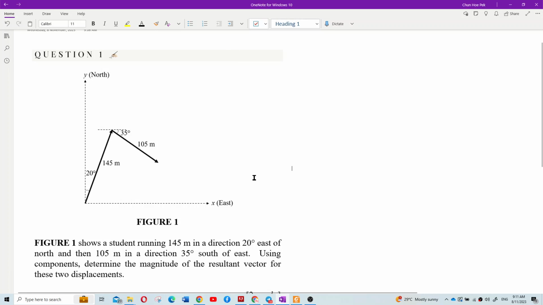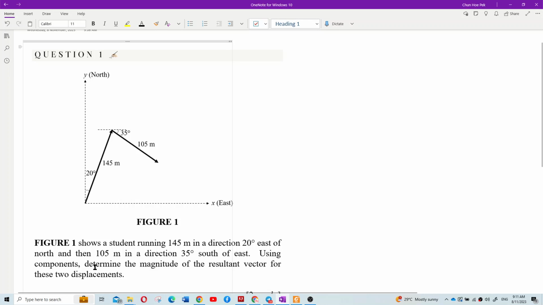Question one. Figure 1 shows a student running 145 meters in a direction 20 degrees east of north, and then 105 meters in a direction 35 degrees south of east.